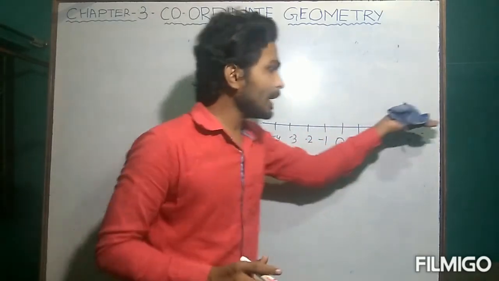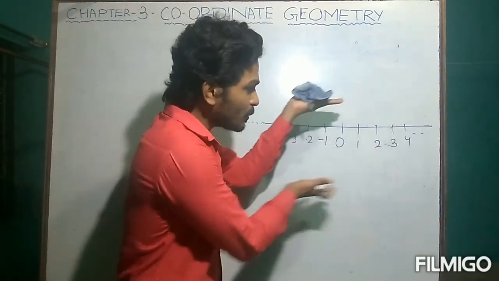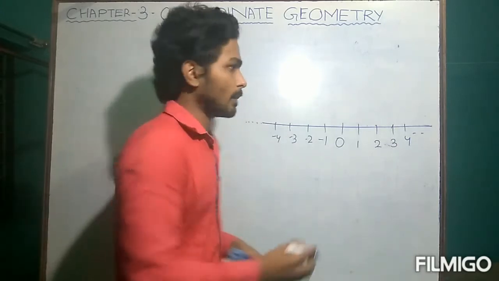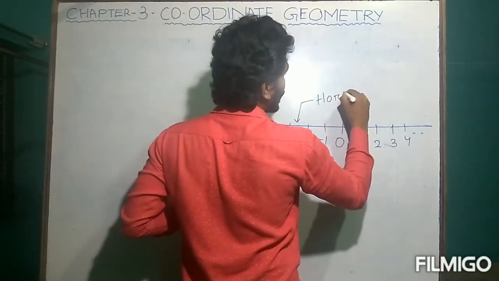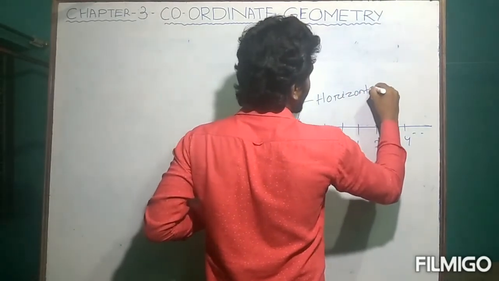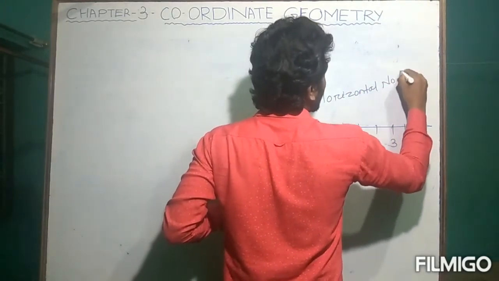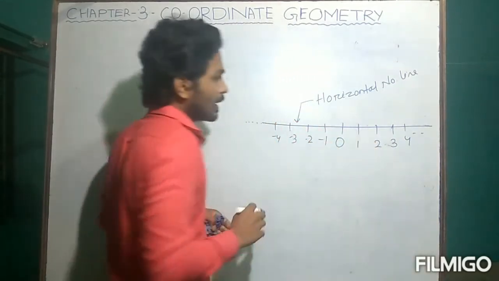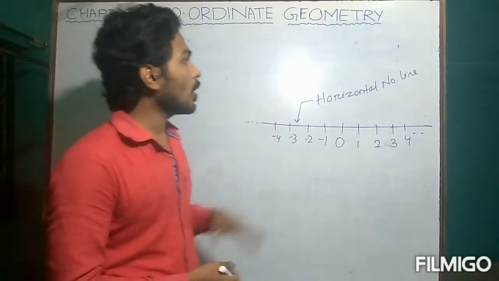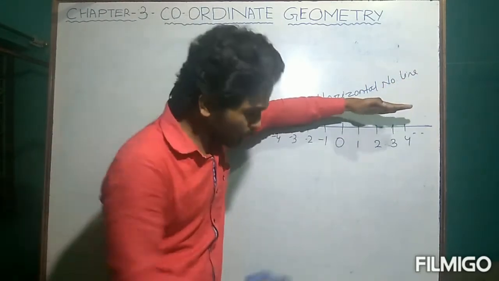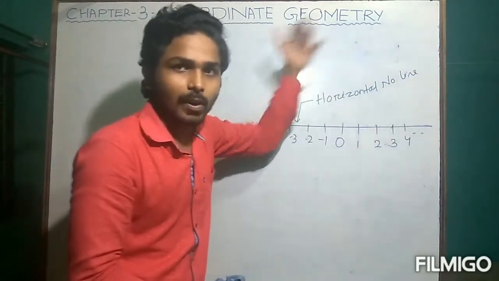This number line is parallel to the base, so it is known as the horizontal number line. Any line which is parallel to the base is known as a horizontal number line.